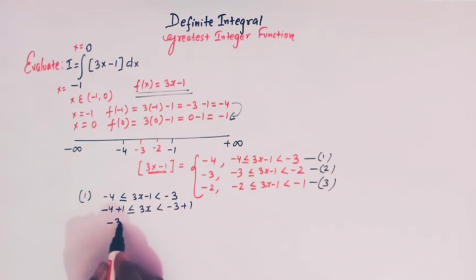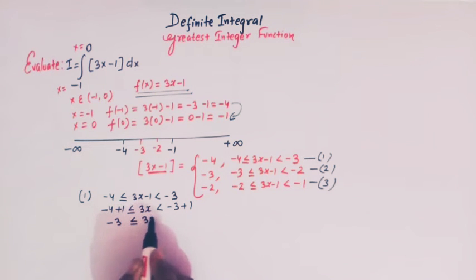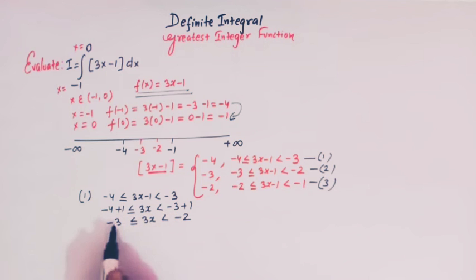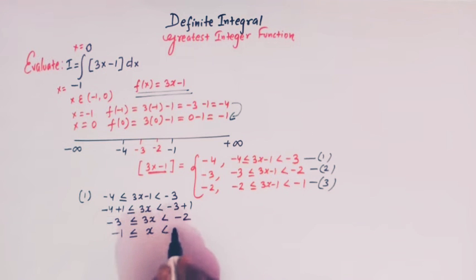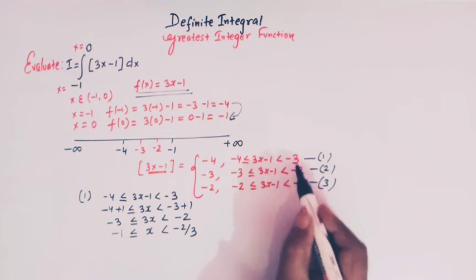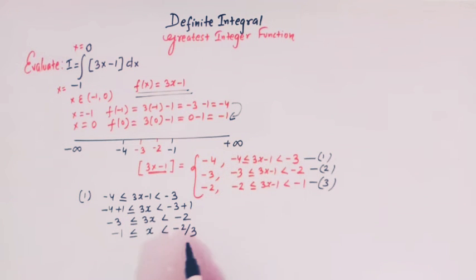So this is minus 3, this is 3x, this is minus 2, and now dividing throughout by 3, we have minus 1, then x, then minus 2 over 3. So this inequality reduces to this one.